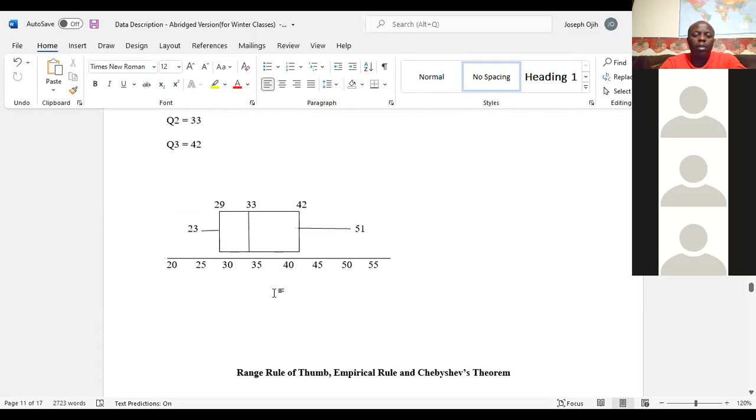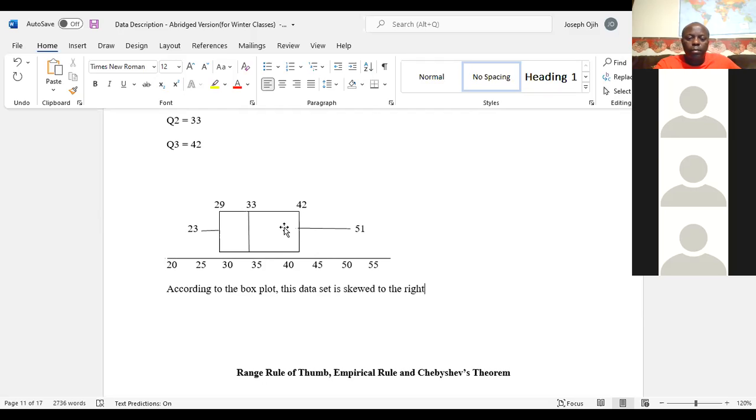Describing the shape according to the box plot, this data set is skewed to the right. Because it's bigger on the right side, it's stretched on that side. It is not symmetric, it's positively skewed.